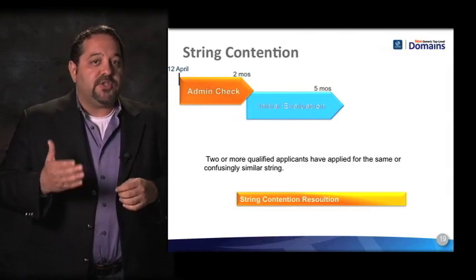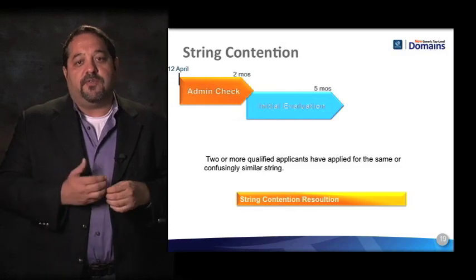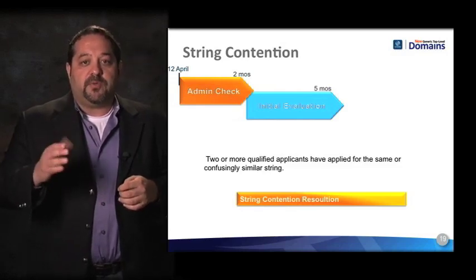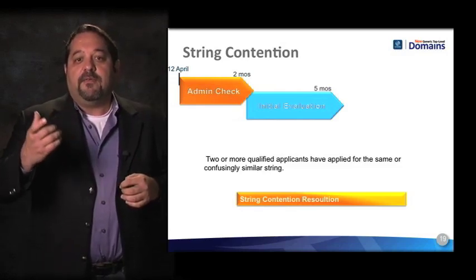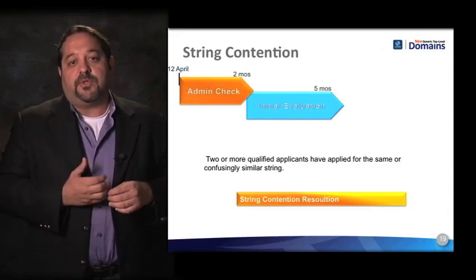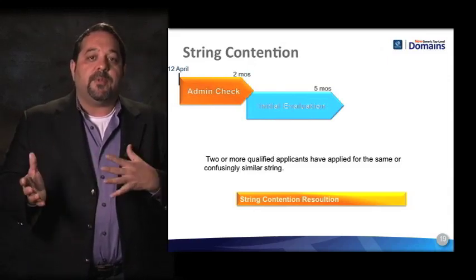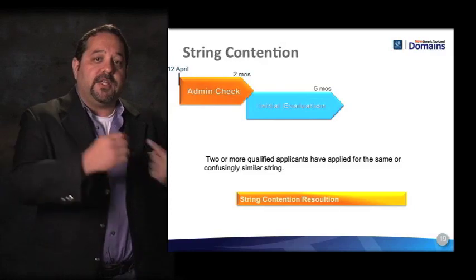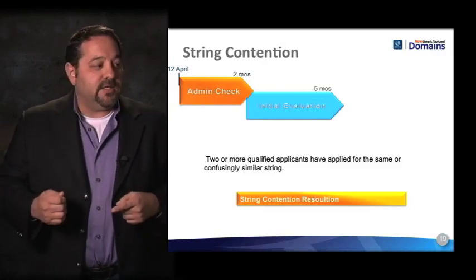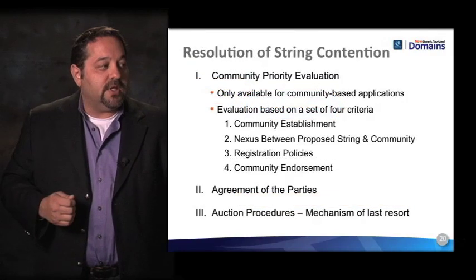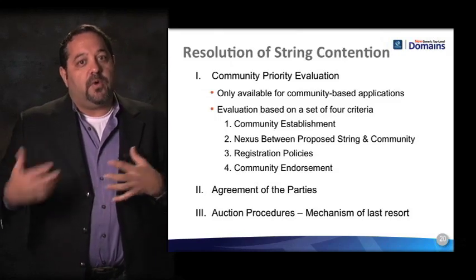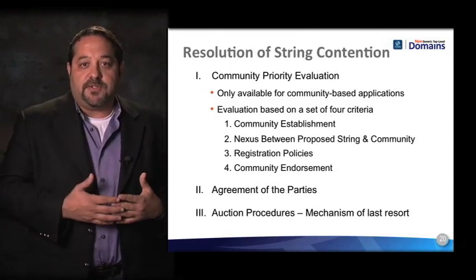That process actually starts during initial evaluation, and we will post the results of string similarity fairly early on within initial evaluation so that the applicants are aware if they're in a contention set or if they're not in a contention set.